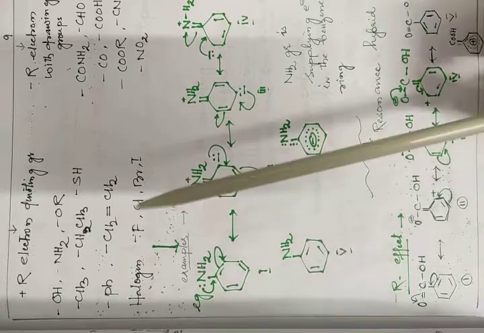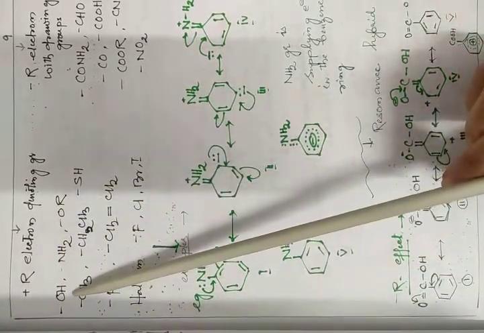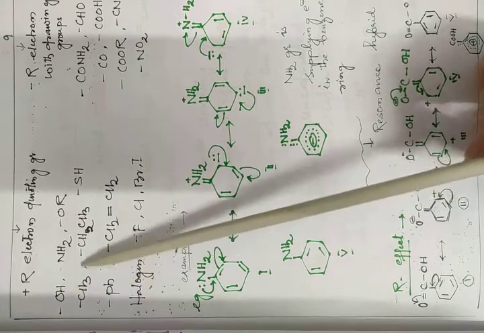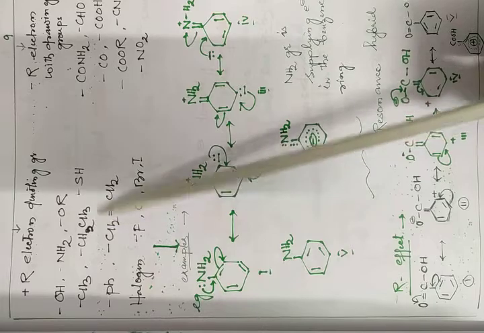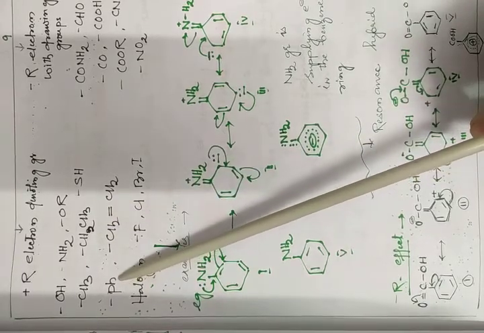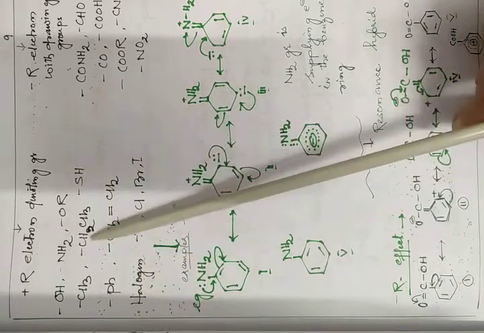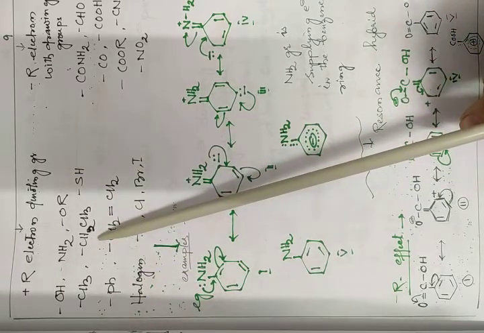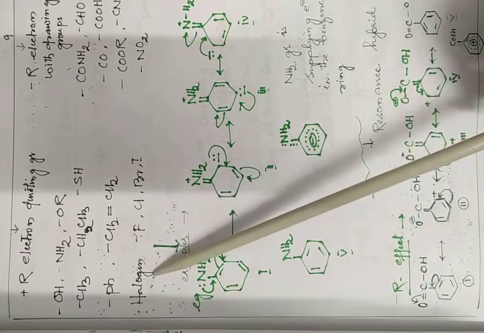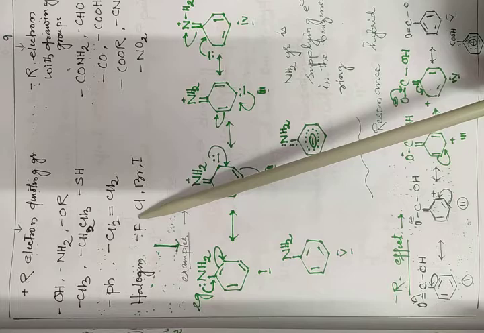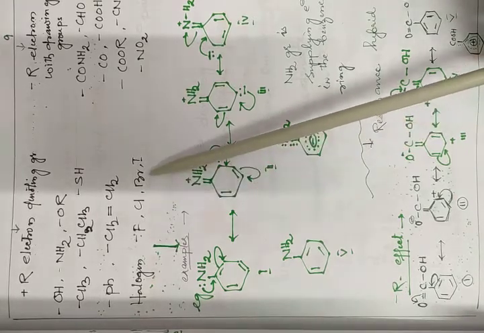Now there are some groups here. See, the functional groups are OH, NH2, OR, CH3, CH2CH3, then phenol, then ethene. These show the positive resonance effect, the plus R effect, and it also includes the halogens: fluorine, chlorine, bromine, iodine.